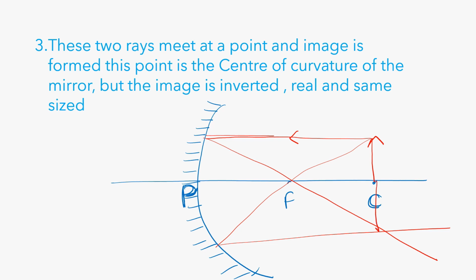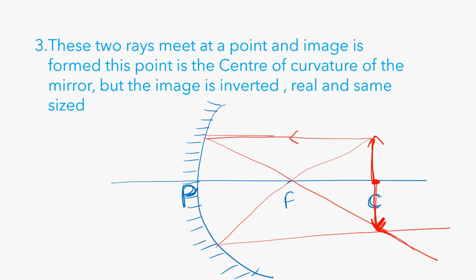These two rays are meeting at this point. So this point is known as image. So this is the object and this is the image. At the center of curvature, both are object and image, both itself.